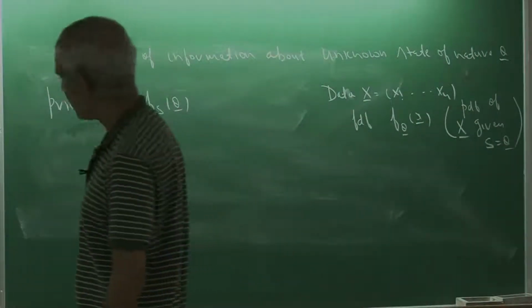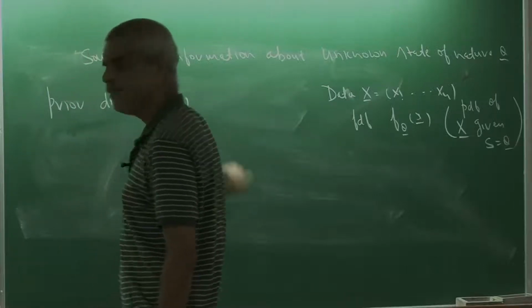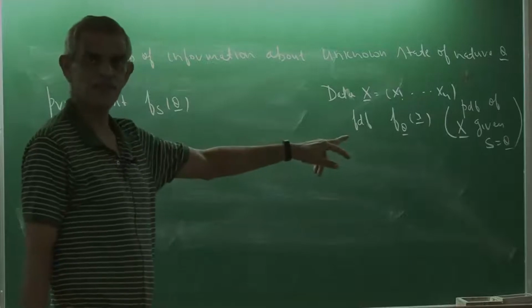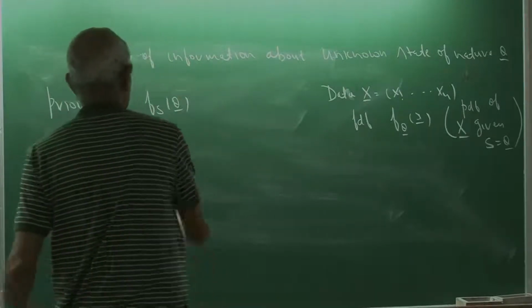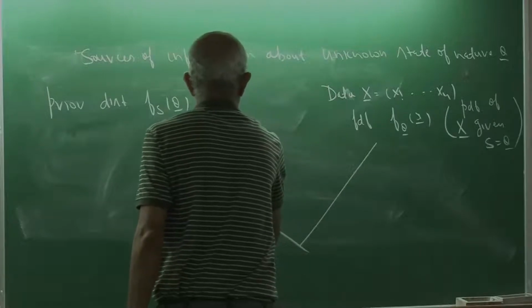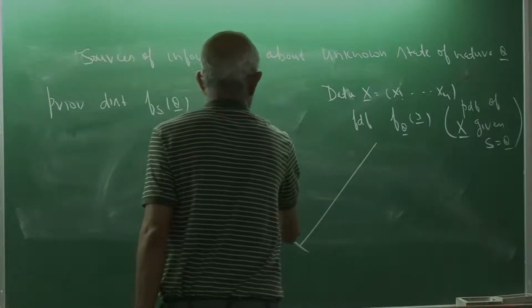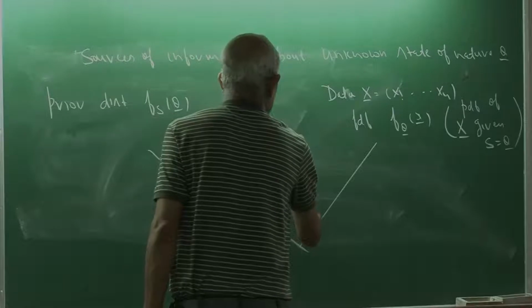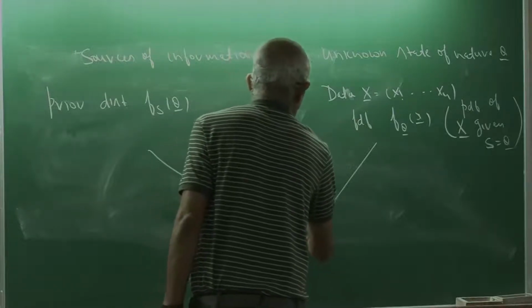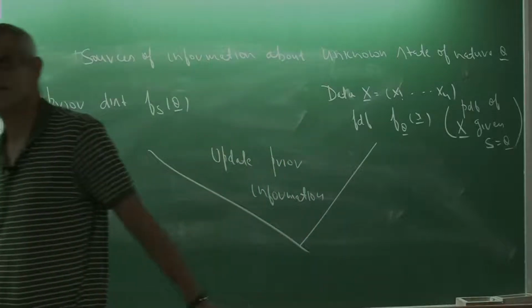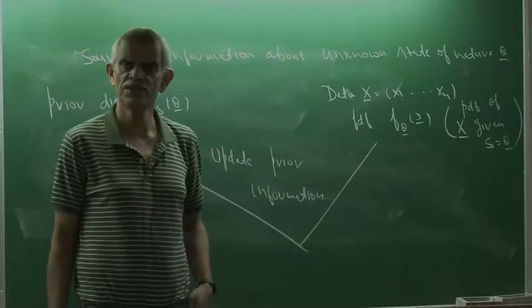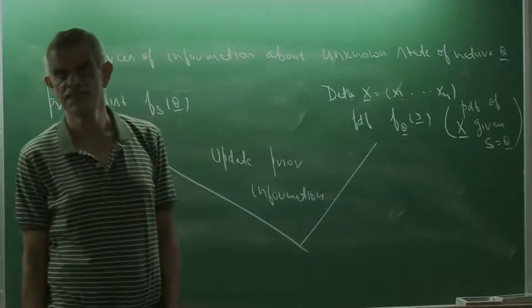So after I have taken the data, I would like to update my prior information. I combine this and I update my prior information. To begin with, I had a prior information. After I have taken the data, I have additional information about the unknown state of nature, so I update it.